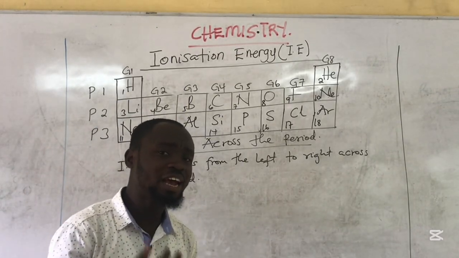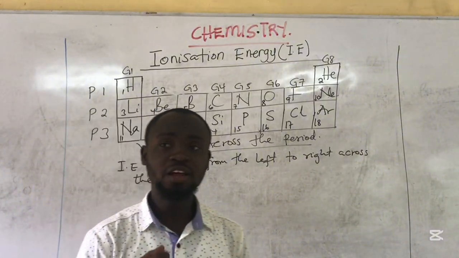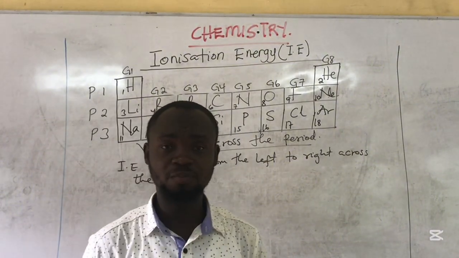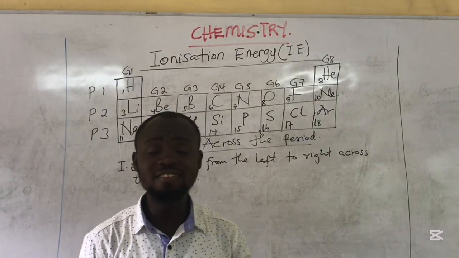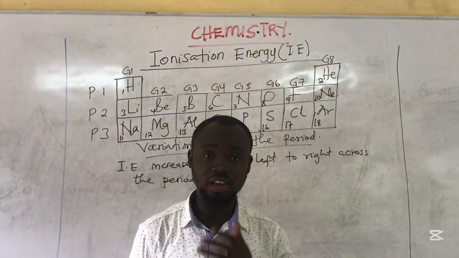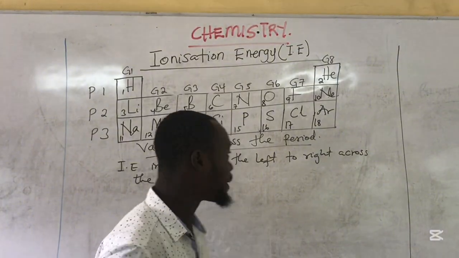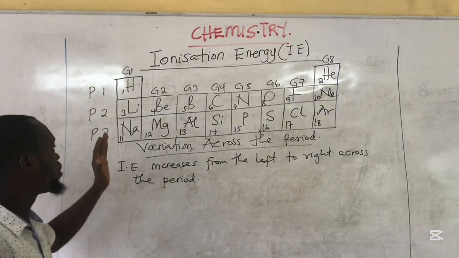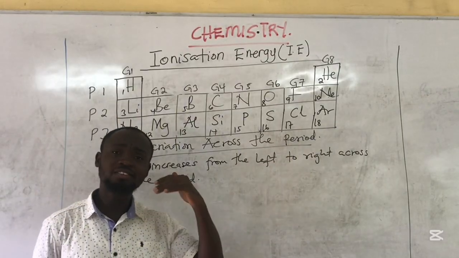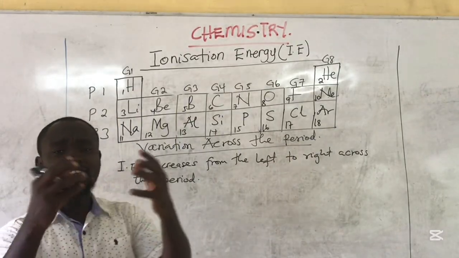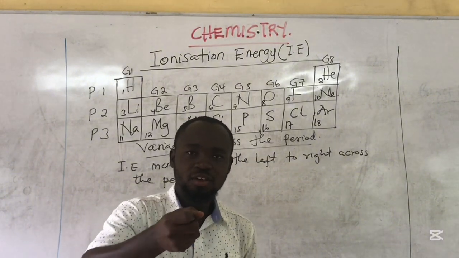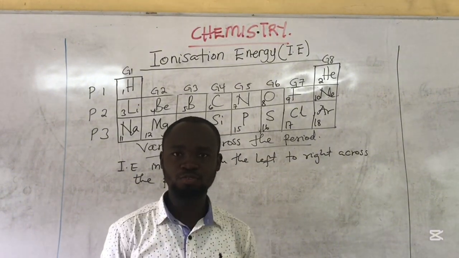And once nuclear attraction increases, what happens? There's going to be an increase in effective nuclear attraction. That is, the attraction for the valence electrons becomes very high once there's an increase in nuclear attraction. Is that okay? It then means that these valence electrons are held tightly towards the protons.